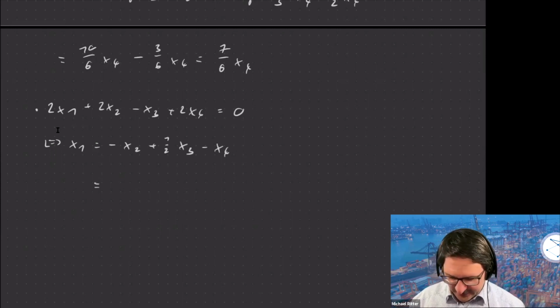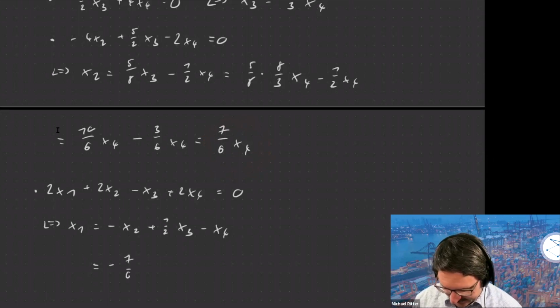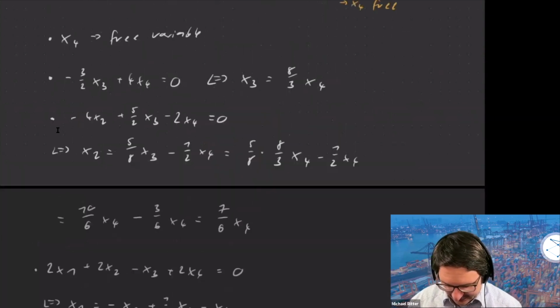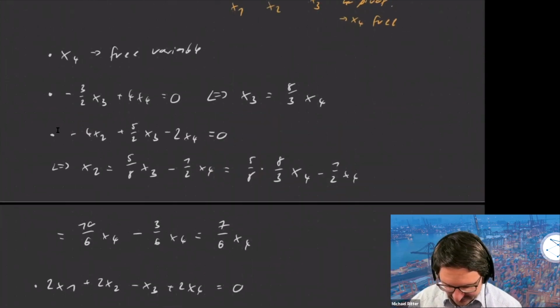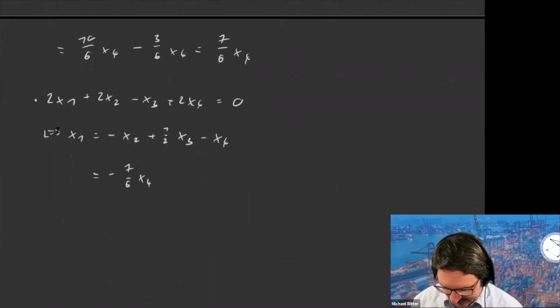And again, we take the results that we have obtained so far. So x2 is 7 over 6 x4. So that's minus 7 over 6 x4. And x3 was, where do I have that here? 8 over 3 x4. So plus 8 over 3 times 1/2.